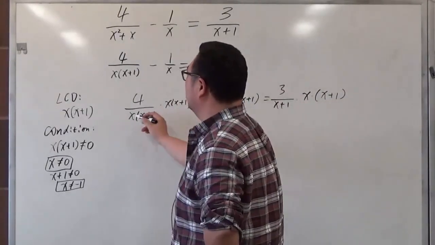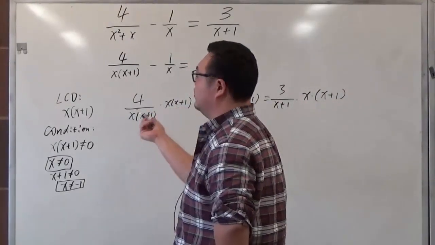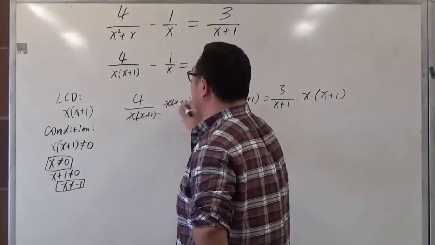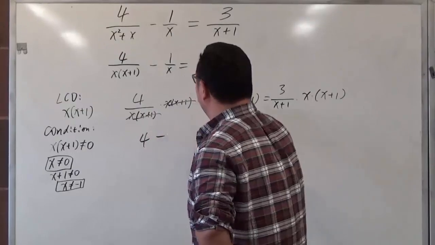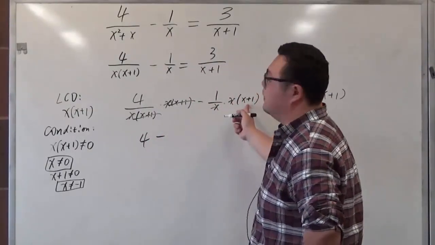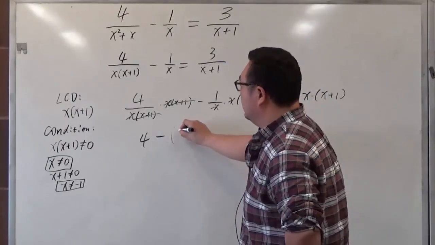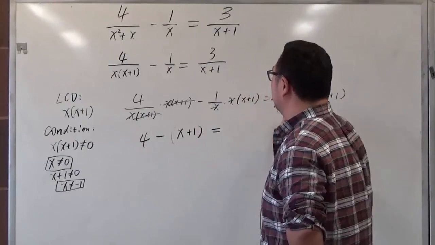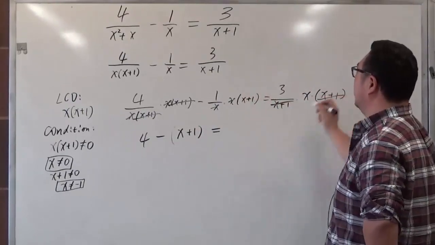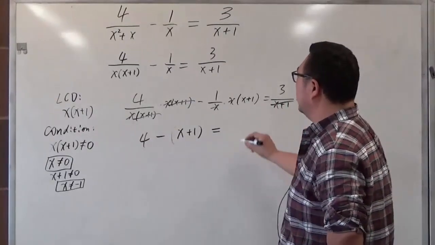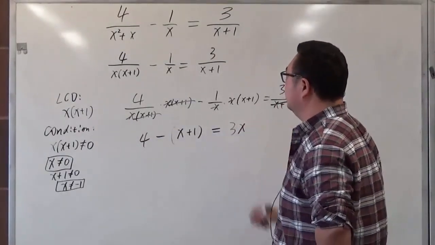Then we can cancel out, because the numerator and denominator cancel the terms out. The first gives us 4. In the second, we cancel the x out, and we still have x plus 1, still in the parentheses. On the right side, we cancel the x plus 1 on top and bottom. Then we have 3x.